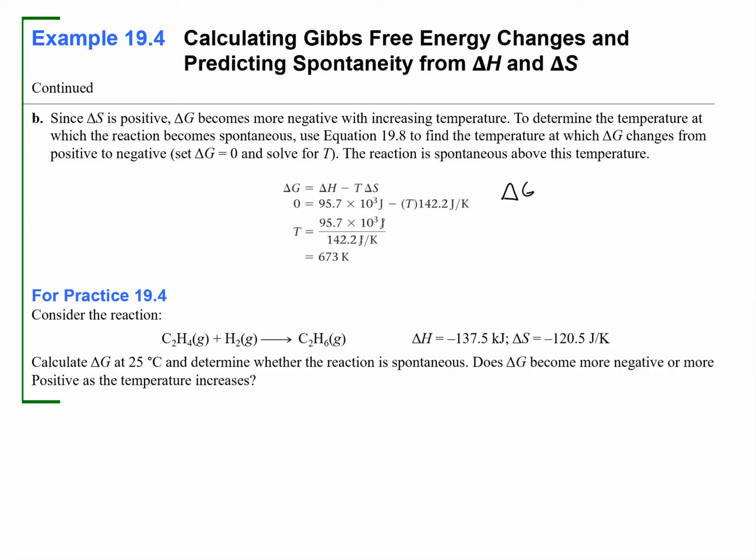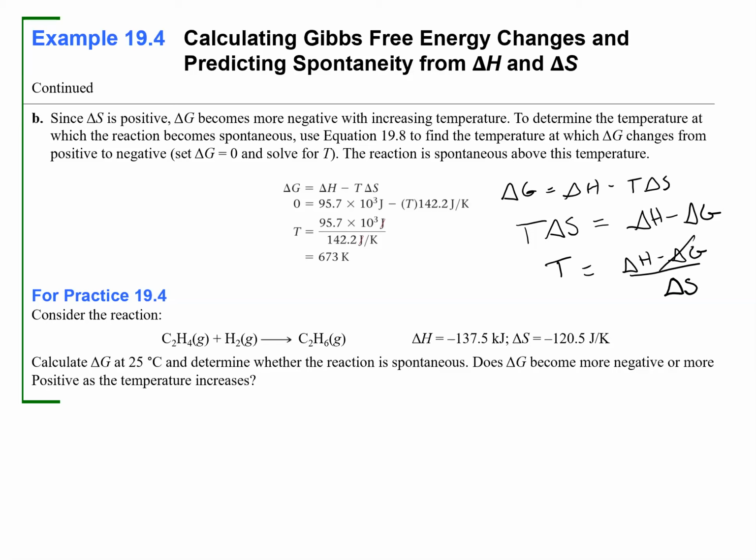So I like to take delta G equals delta H minus T delta S. And then what I would do, preferably, is take T delta S equals delta H minus delta G, and then T equals delta H minus delta G over delta S. Of course, delta G is going to be 0, so that's going to fall out.